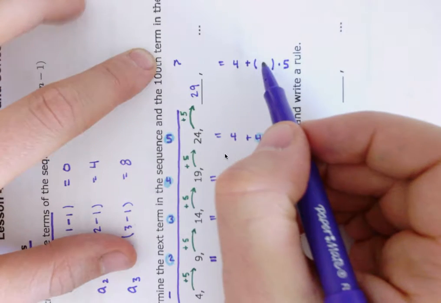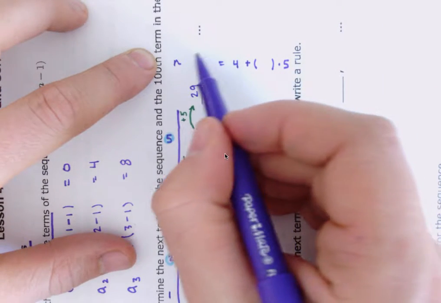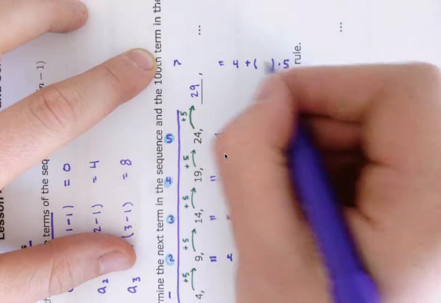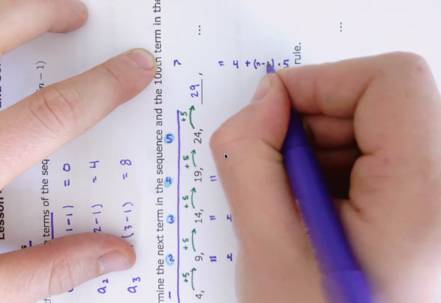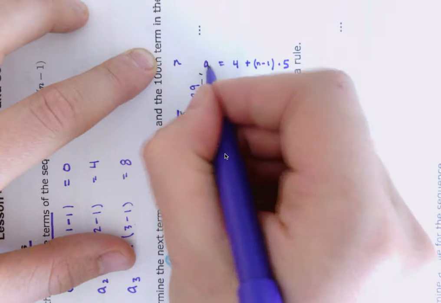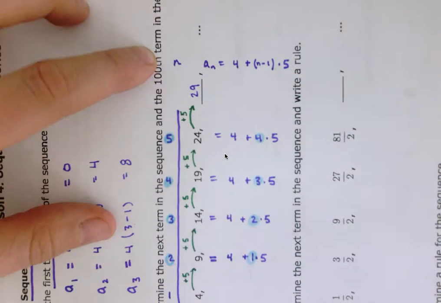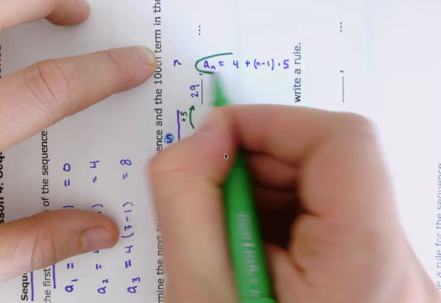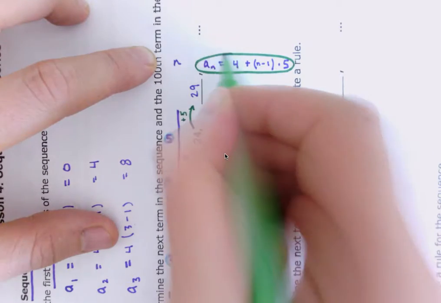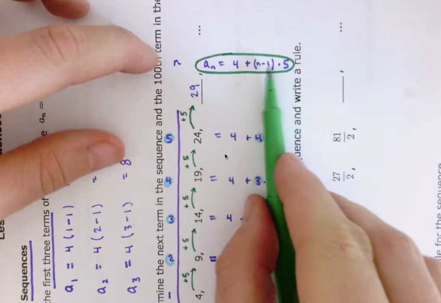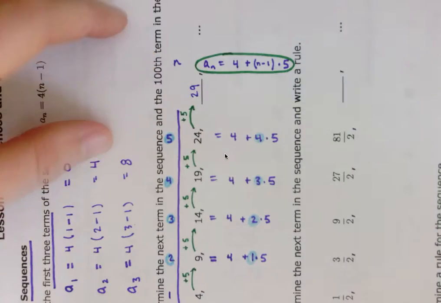And that number that goes right here will be 1 smaller than this value. So we'll call this n minus 1. So what I have right here is called an explicit rule. It's explicit because if I tell you the term number, you can tell what the term value is.